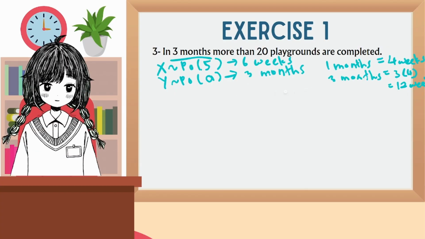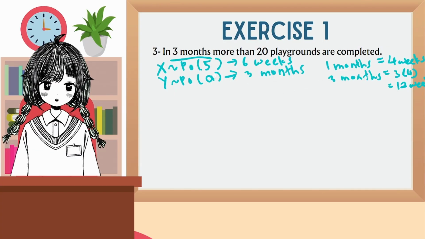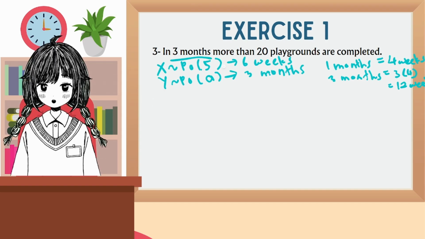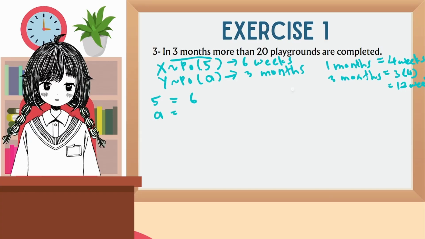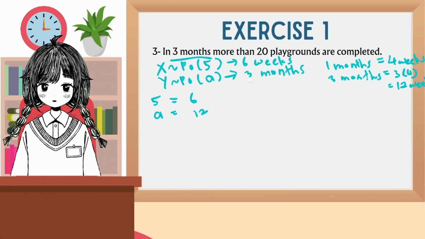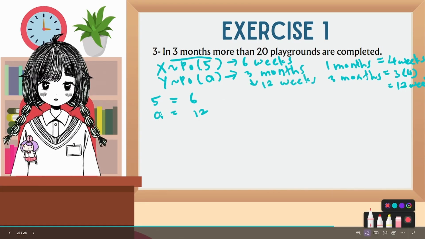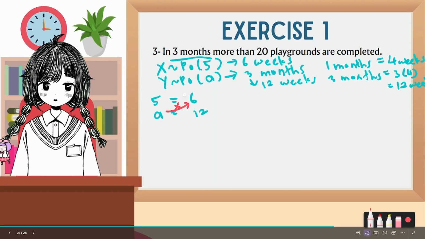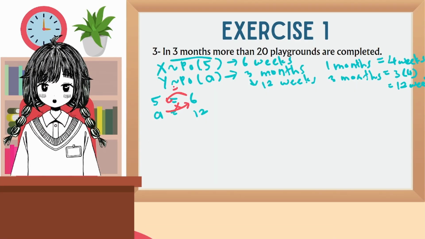Now we can find the A. The sure way to get it is by doing it like this. Take this: 5 corresponds to 6 weeks, A corresponds to 12 weeks. We follow this sequence: A times 6 divided by 5 equals 12.